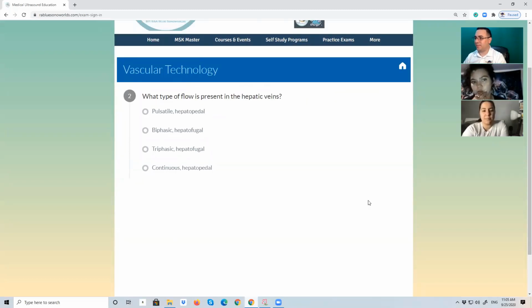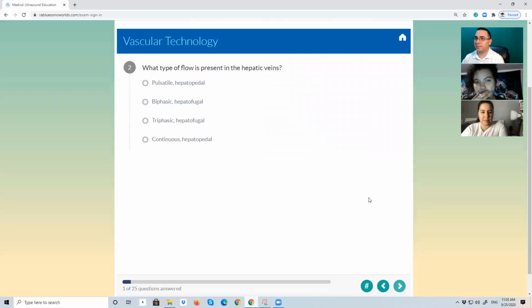Okay, so what type of flow is present in the hepatic veins? Are you guys able to answer that for me? Do you remember? Think about the main portal vein and then think about the hepatics. How are they different? Is it pulsatile? Is it biphasic, triphasic? Triphasic.